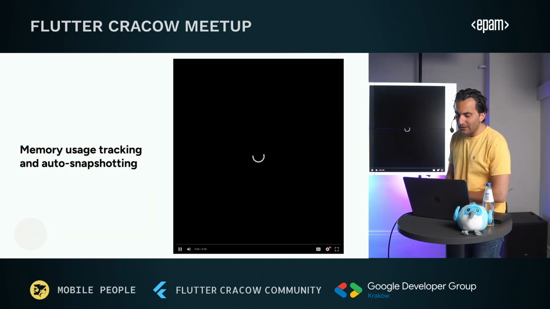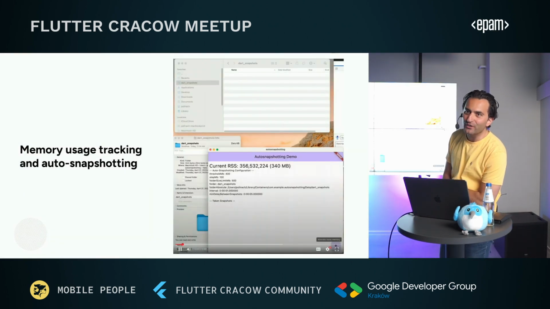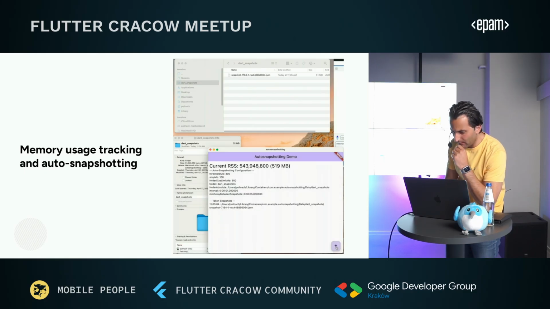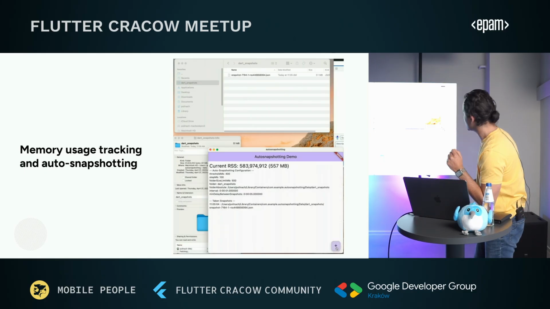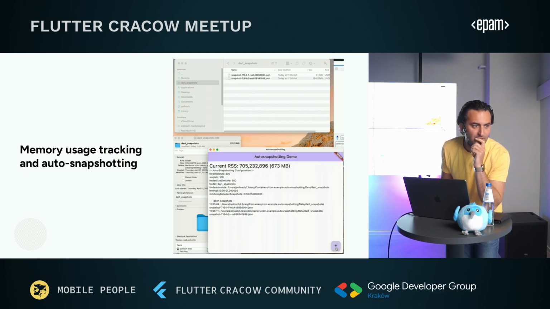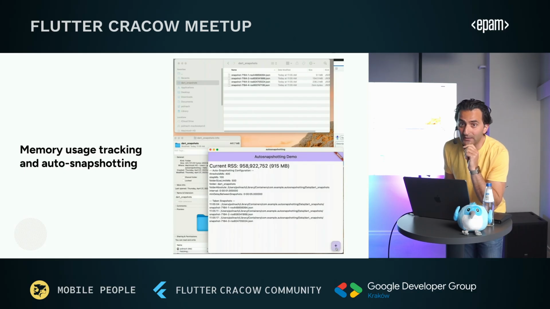The memory usage tracking package was very interesting for me because when you use it, it automatically takes snapshots, and then you can use the snapshots to detect the memory leaks in your application.